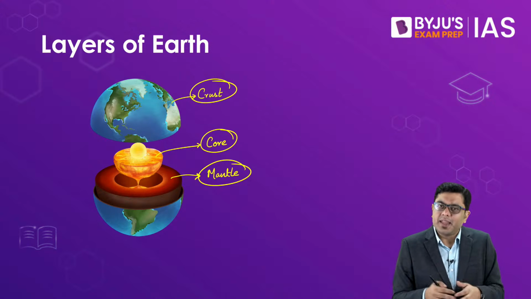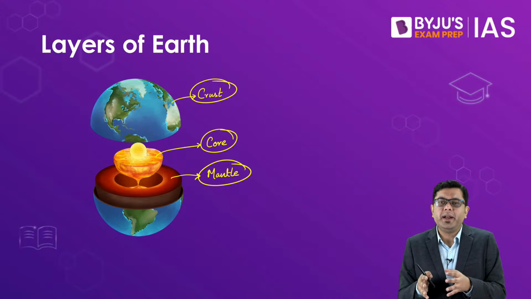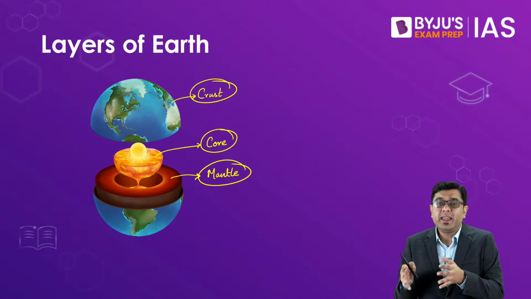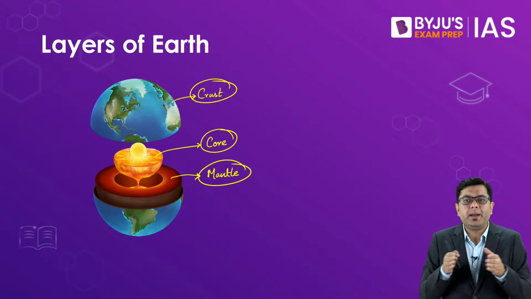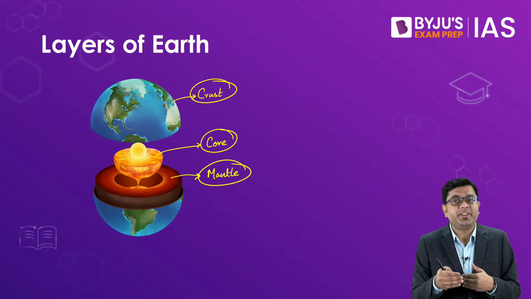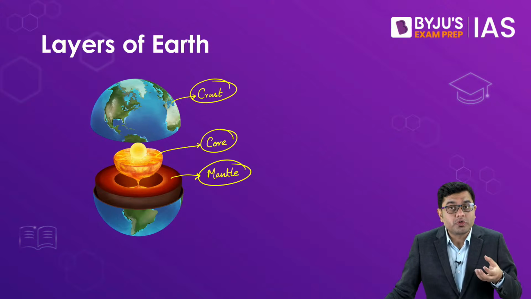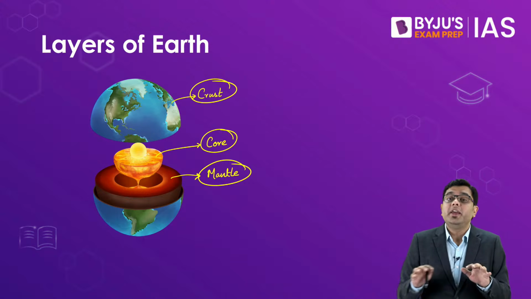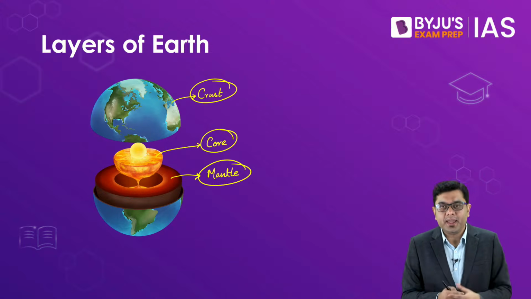Here again, the mantle in itself can be divided based upon the properties of the materials and the density of the masses. It can be divided into upper mantle and lower mantle. Similarly, the core can be subclassified into the outer core and the inner core. The crust can also be classified into the upper crust and the inner crust.